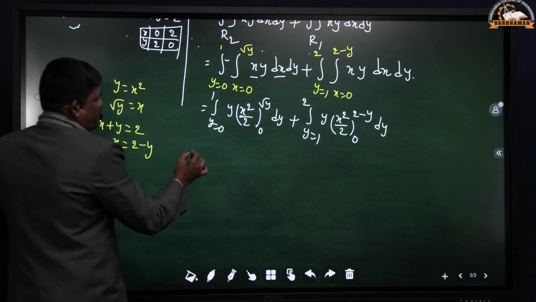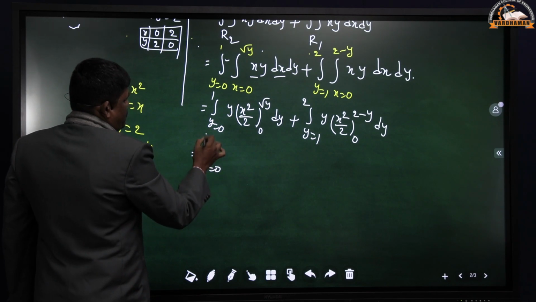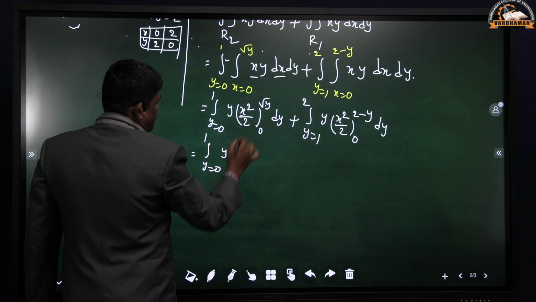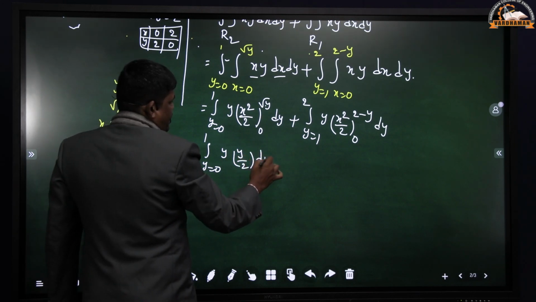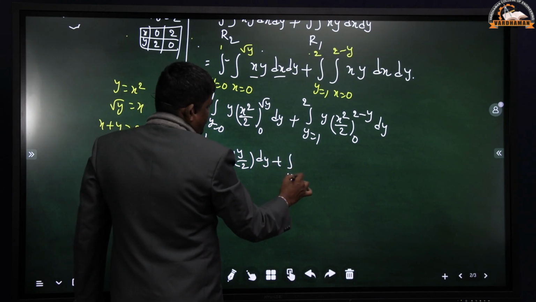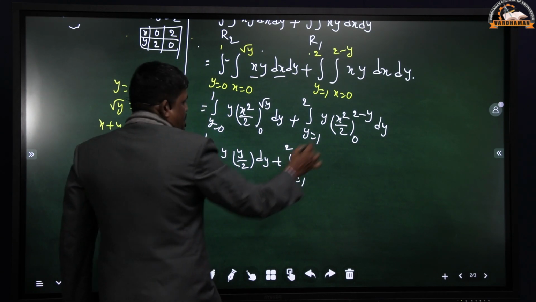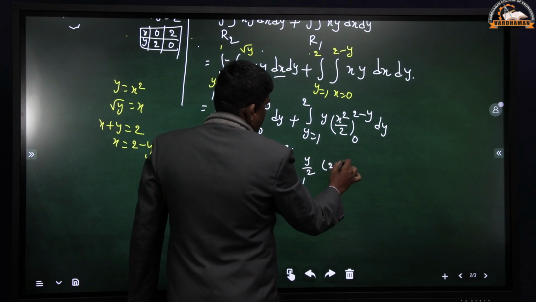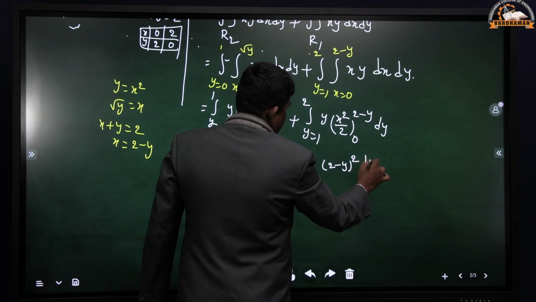Now equal to integral y is 0 to 1 of y into the upper limit, square root and square will be cancelled. You are going to get y by 2 dy, plus integral y is 1 to 2, and y by 2 you take it out and you will get 2 minus y whole square dy.